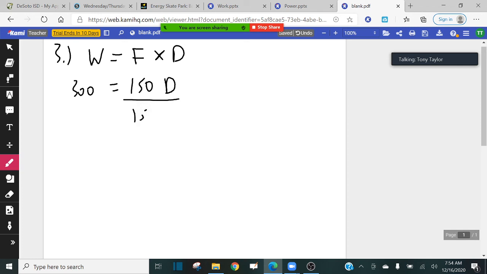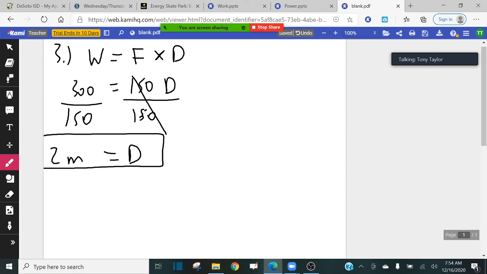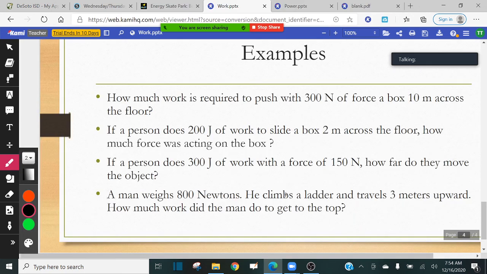We need to divide by 150. That goes away. Whatever we do to one side, we have to do to the other. So 300 divided by 150 gives us a distance of 2 meters. So that's our answer for number 3. The object goes a total distance of 2 meters.